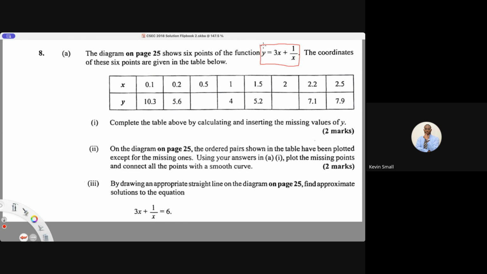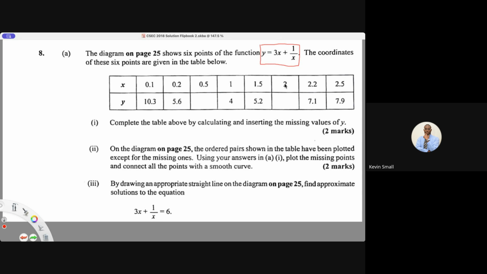So when you have a reciprocal function, just bear in mind the graph is neither straight nor curved. The graph actually looks a little weird. The graphs of reciprocal functions usually have some kind of weird curve going on like this, but we'll see what the graph is when we get to plot it. Okay, and I think the question did give us half the graph drawn.